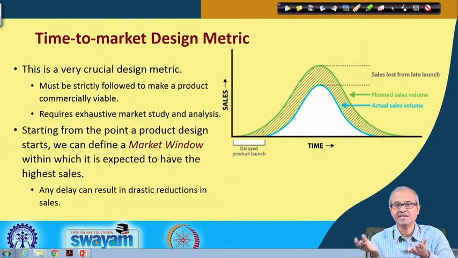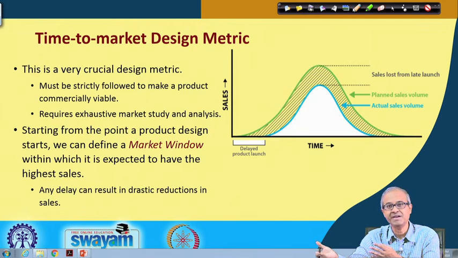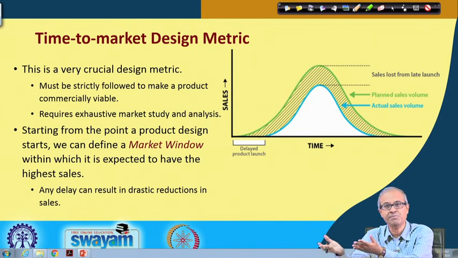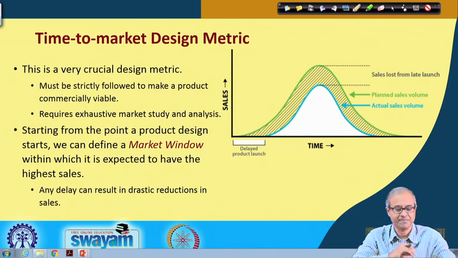So, marketing is the most important issue for any company. The quality of the product becomes secondary. Sometimes many companies compromise on the quality of the product in order to bring the product to the market earlier, so that they can reap greater profit out of it.